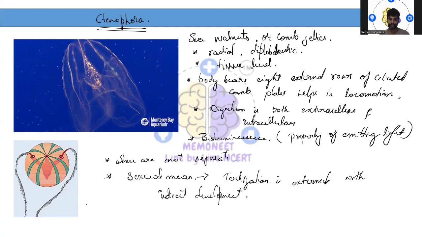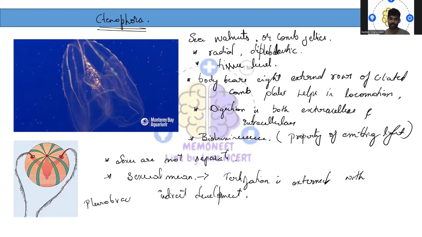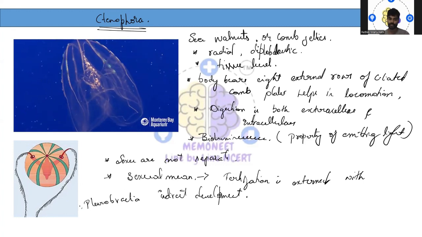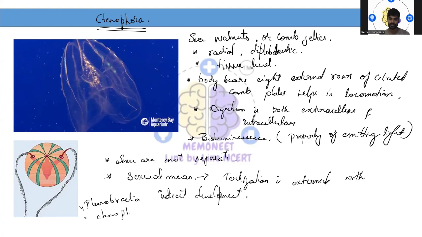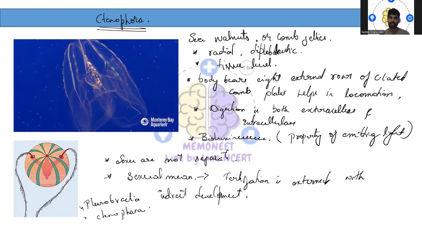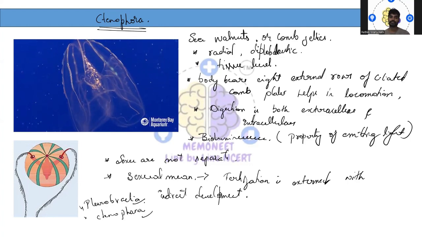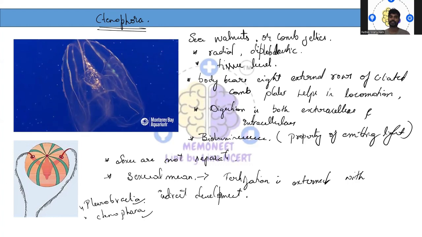An example for this is Pleurobrachia. Pleurobrachia is one example, and Ctenoplana is another example for the phylum Ctenophora. So this is all about the phylum Ctenophora.